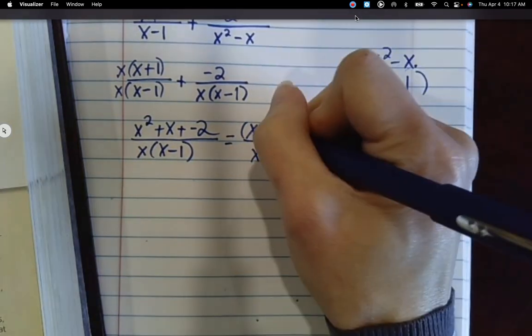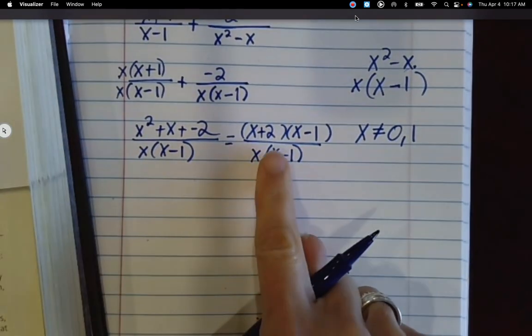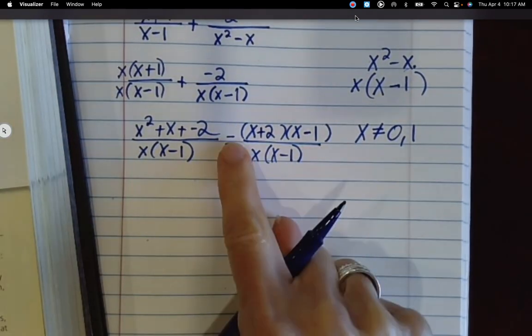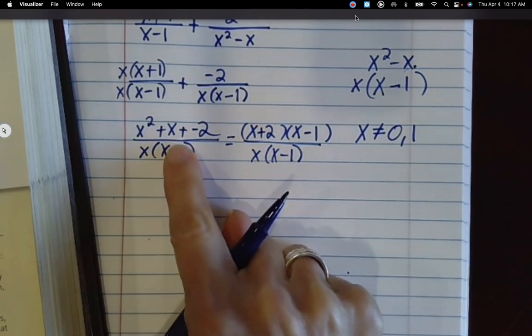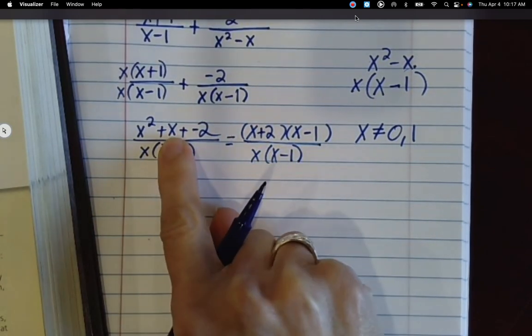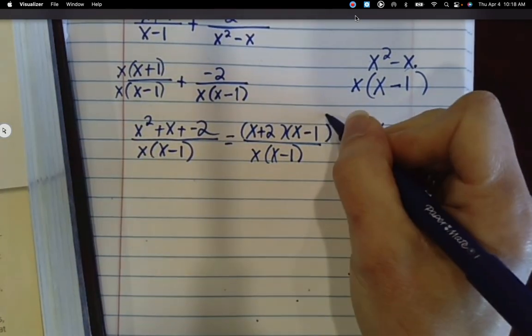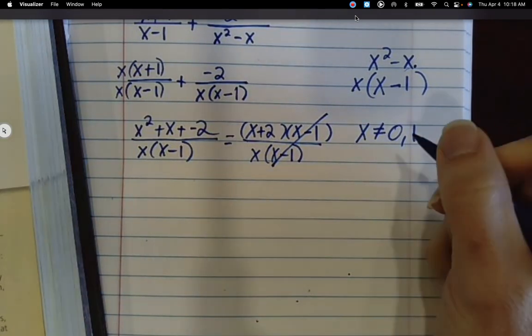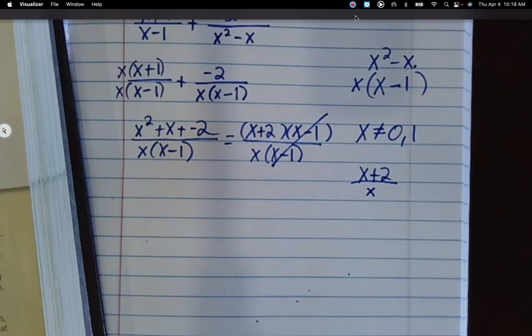Because what is 2 times -1? -2. What is 2 plus -1? A +1, which is right there. Okay? Does anything cancel out? Those do. So I just get, for my answer, x plus 2 over x. Okay? We'll do another one.